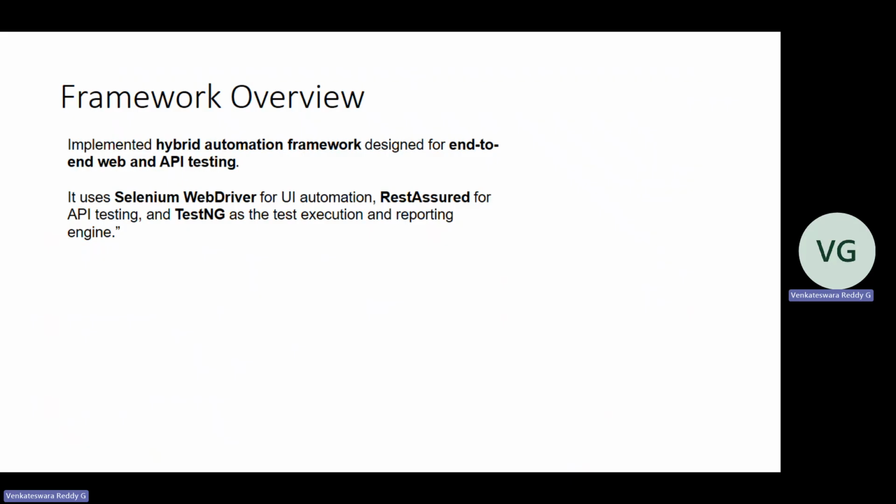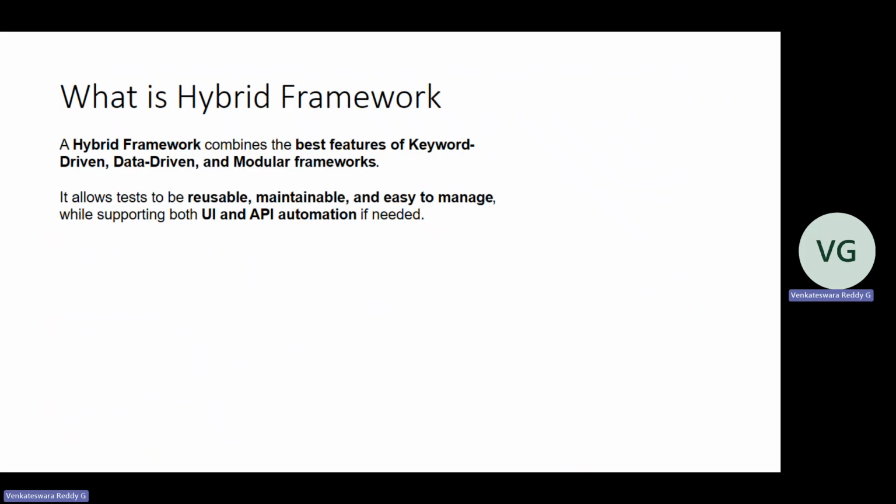Mostly we integrate web automation, API automation, and mobile automation, or at least web and API, or DB testing. We have a hybrid framework which supports end-to-end automation like web, API, and mobile. If we have mobile also, we can explain mobile testing also. And it contains the hybrid framework.